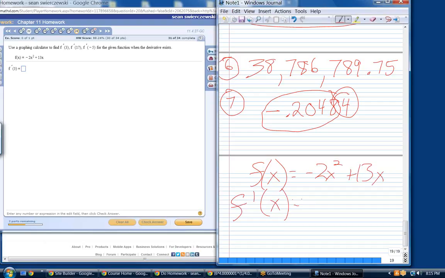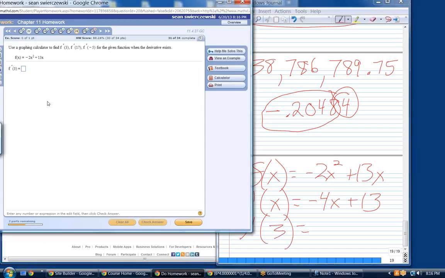F prime of x would be negative 4x plus 13. Now what's f prime of 3? Negative 12 plus 13, which is 1.